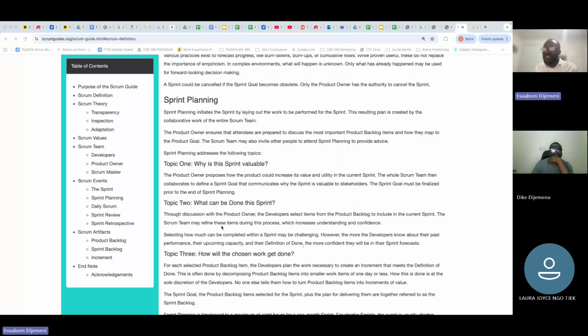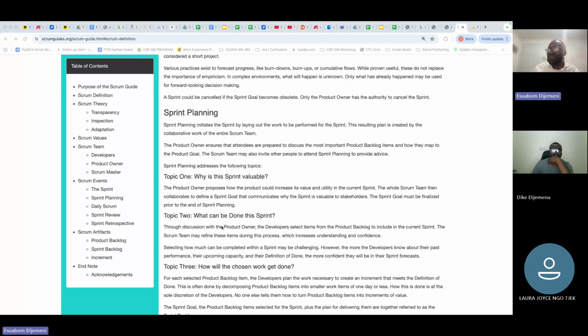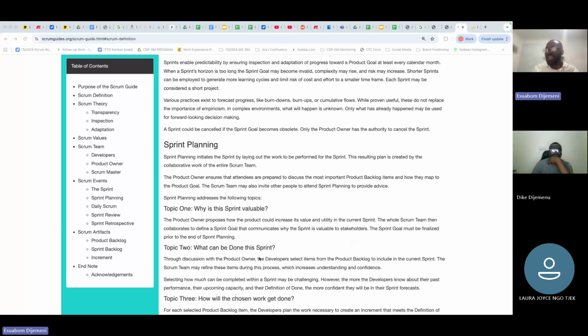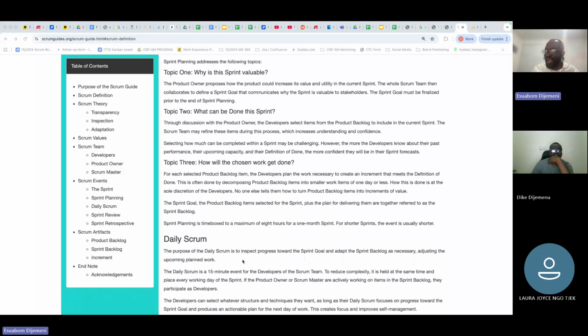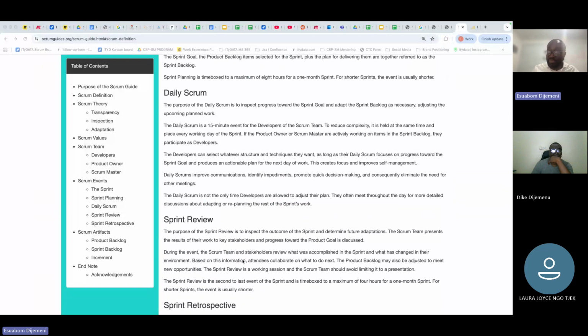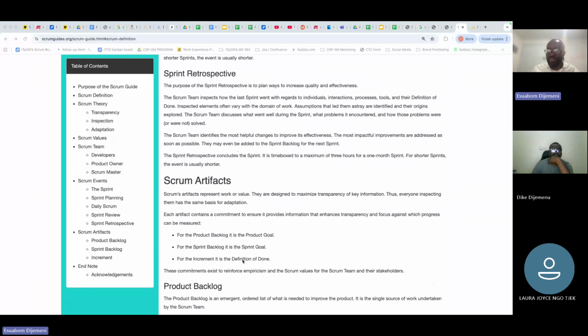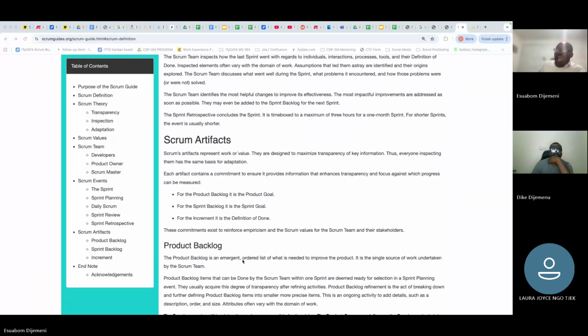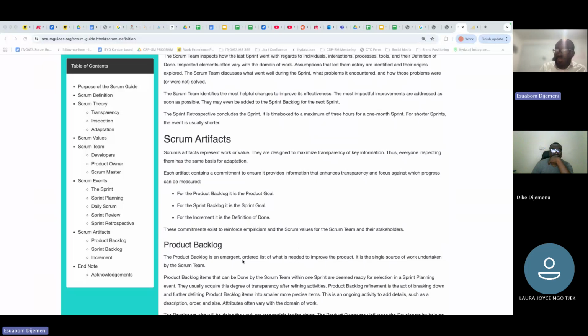So if you think about it in terms of events, the Scrum Guide tells you the details of sprint planning, the daily Scrum, the sprint review, the sprint retrospective, and of course the artifacts.